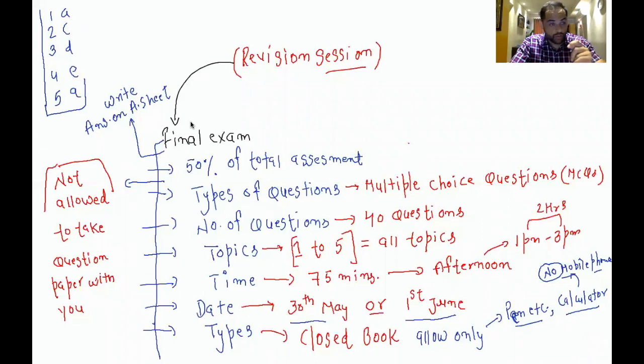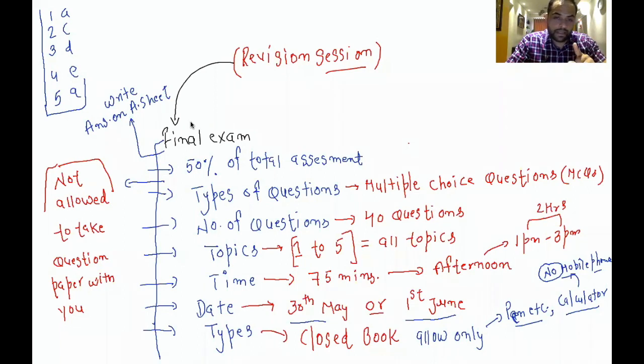You are not allowed to share any paper or any pencil or any pen or any calculator. So make sure you bring your own stuff, your own calculator, your own pens, pencils. Bring 1 or 2 extra pens, so if one pen is not working, you can use another pen. But you are not allowed to borrow a pen from any other students in the class.